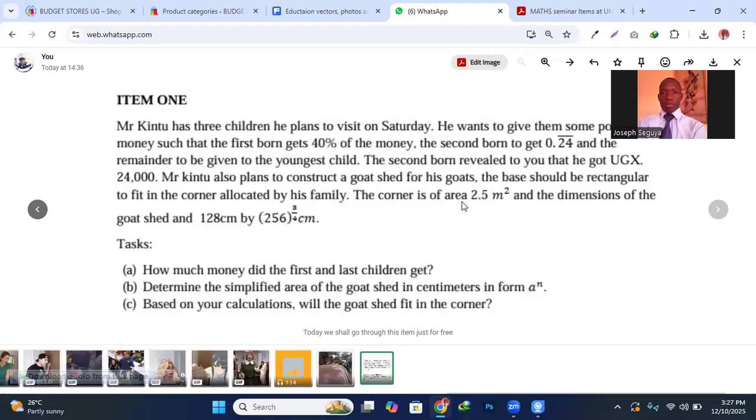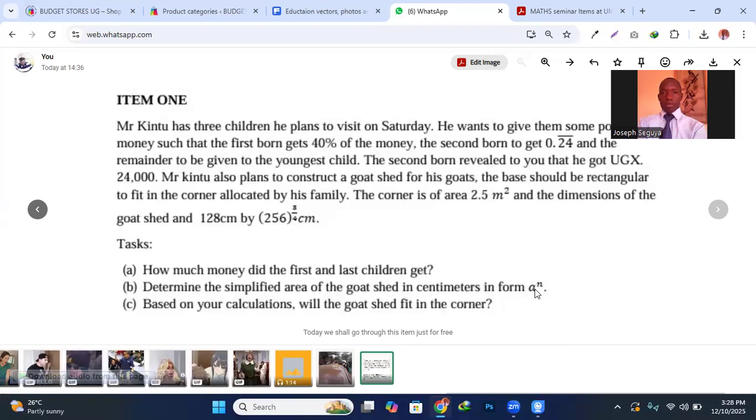The corner is of area 2.5 meters squared. And the dimensions of the goat shed are 128 by 256 to the power 3/4 centimeters. The question is to determine the simplified area of the goat shed in centimeters in the form of a to the power n.